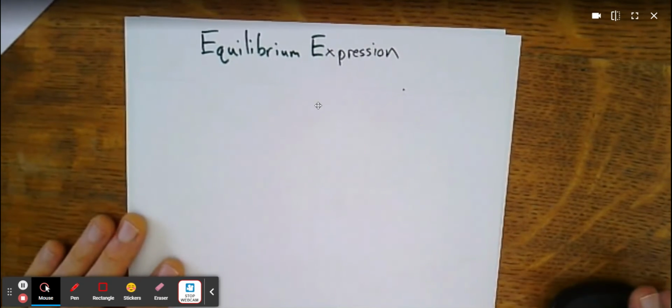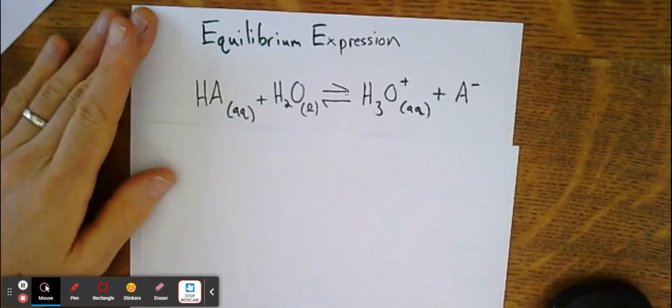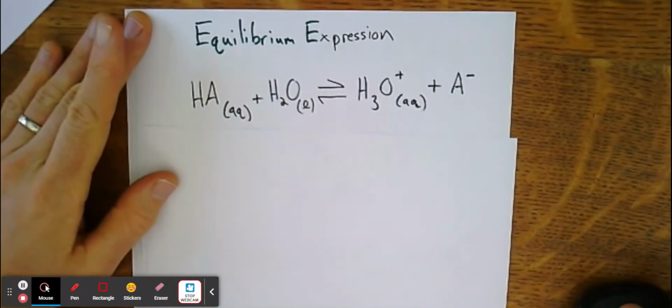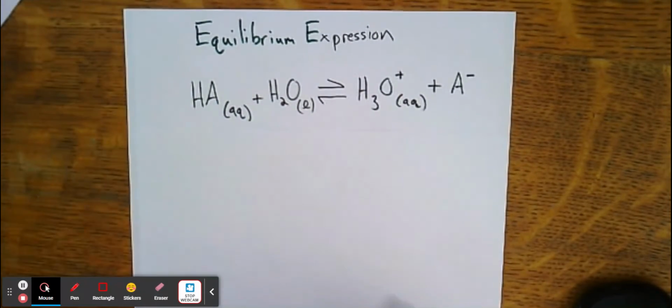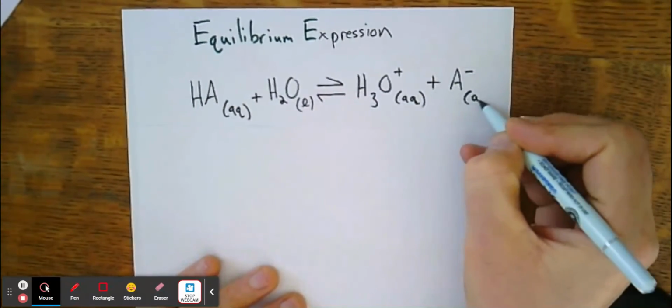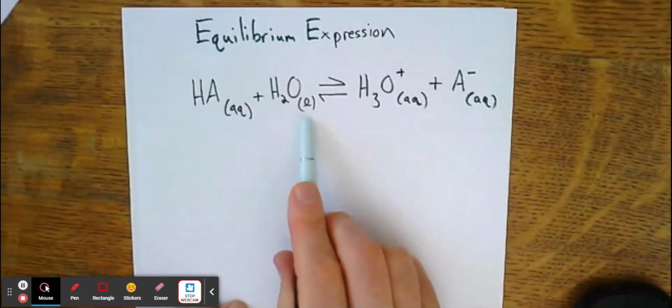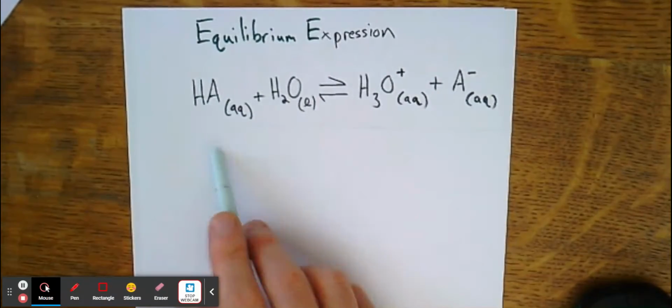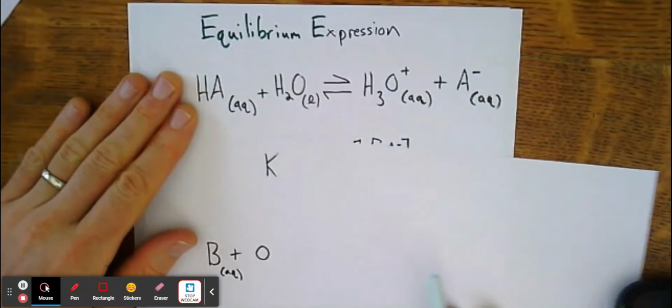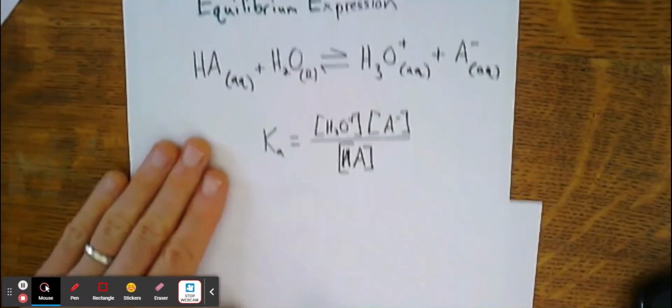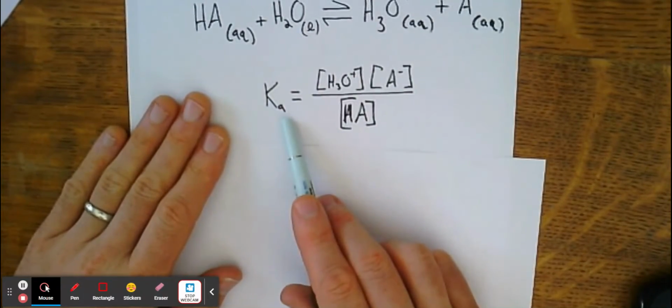So for your equilibrium expression, if this is my formula, how do I get an equilibrium expression? Well, I eliminate anything that is a liquid or a solid, and there's my liquid, and I use anything else. So that's going to be, and they give this Ka for acid.